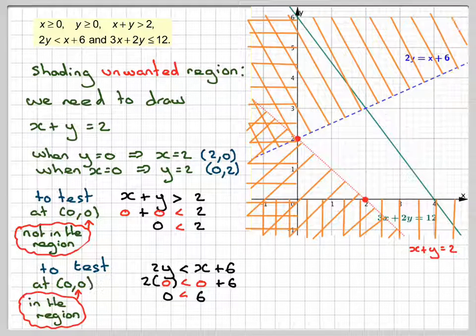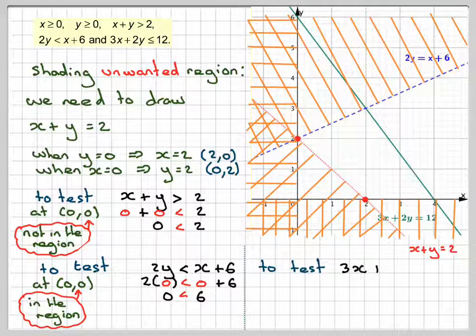Shade like that. Okay, test the last one, which is 3x plus 2y is less than 12. You don't have to consider equal to just for testing the inequality. That's this line here. Again, 0, 0 is not on the line, so we'll test 0, 0.